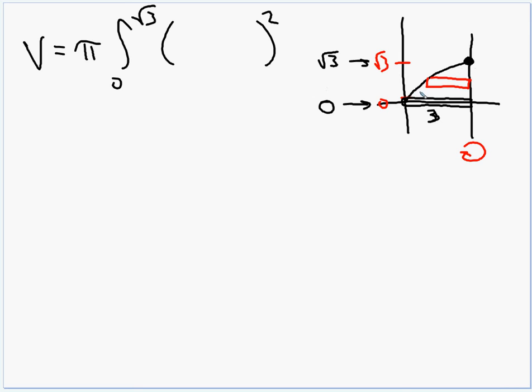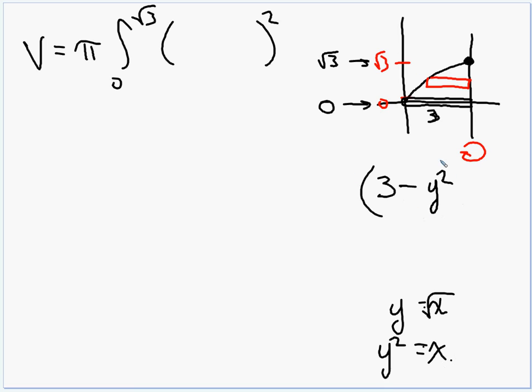So let's see here. We just have to think this through a little bit. 3 minus, remember when we solved this, this was y equals root of x. So if we square both sides, x equals y squared. So 3 minus that: 3 minus y squared. I always like to do a little check on my ends at least.